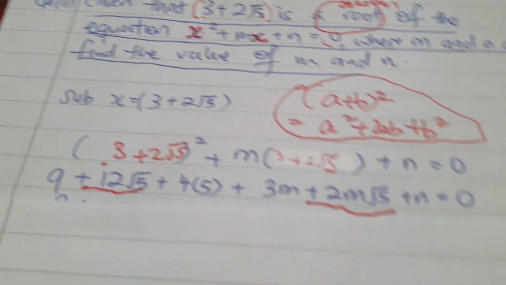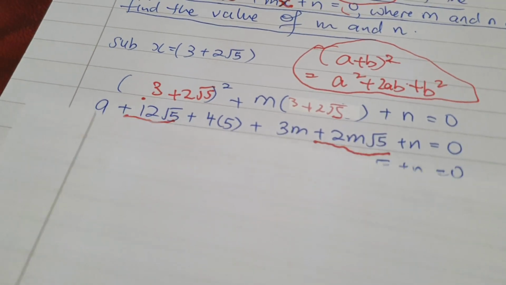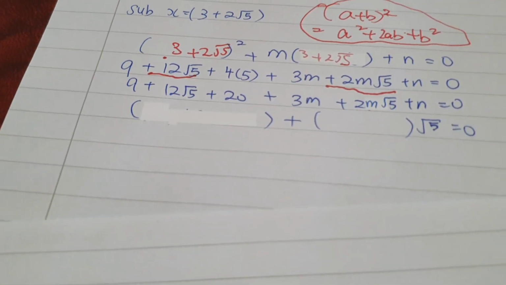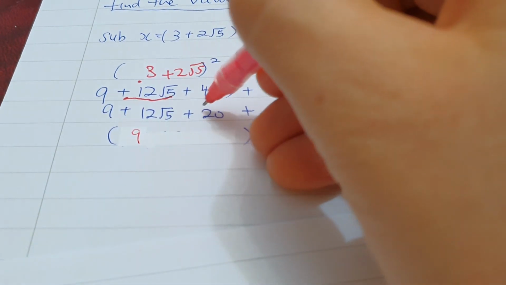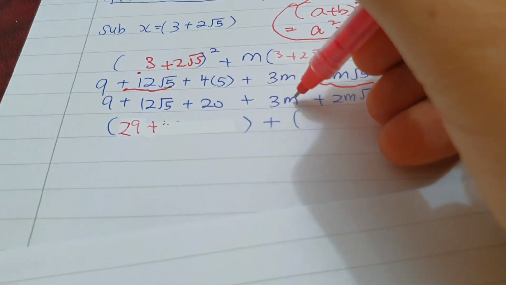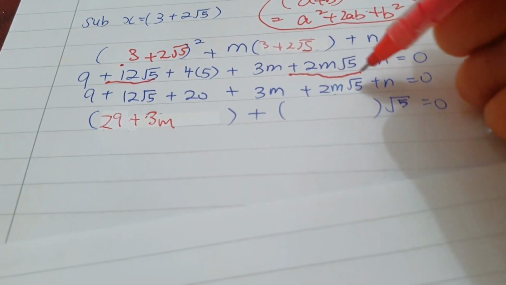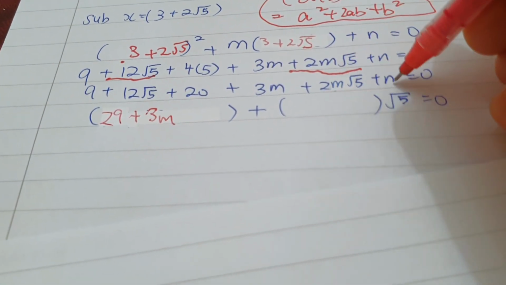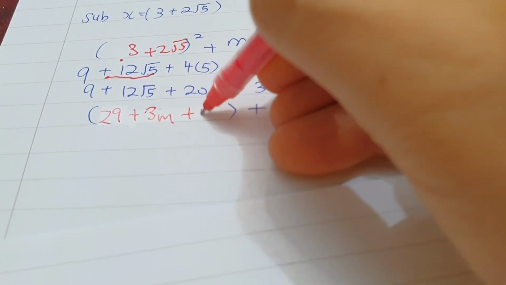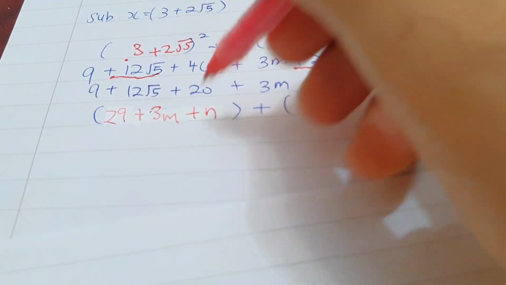So I'm going to group all the numbers: 9, 20, so it's 29, 29, plus 3m, this is a number, this is a number, this is a surd, and this is a number, so this is what I have for all the numbers.